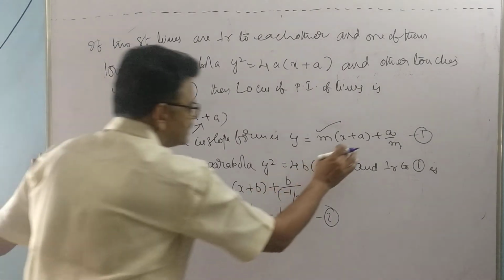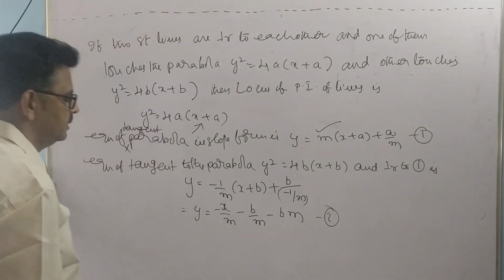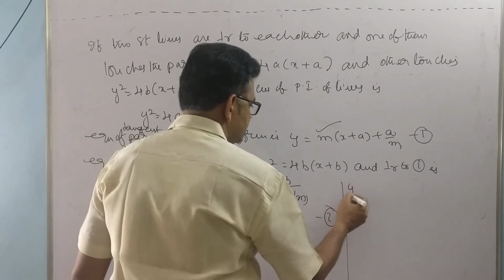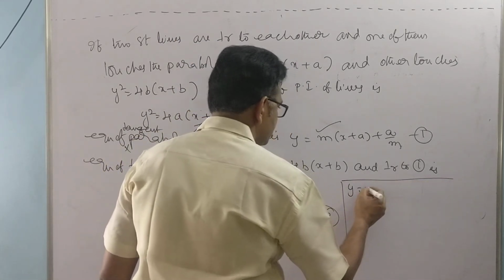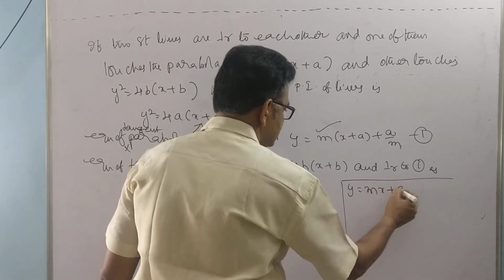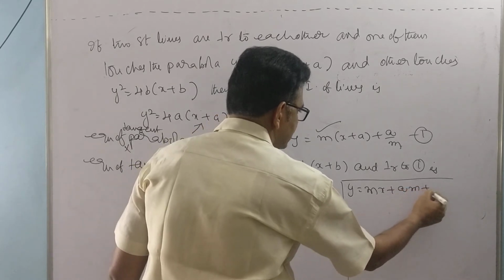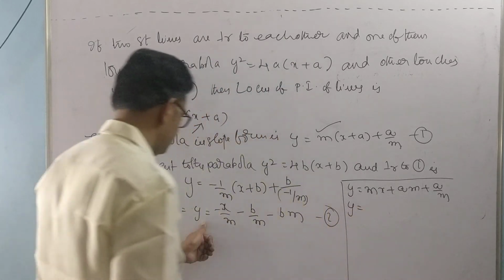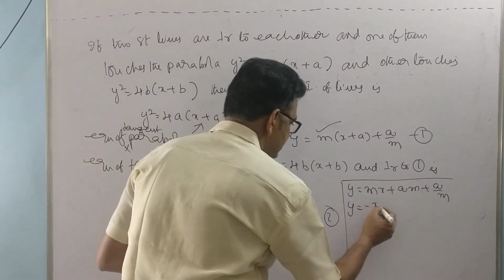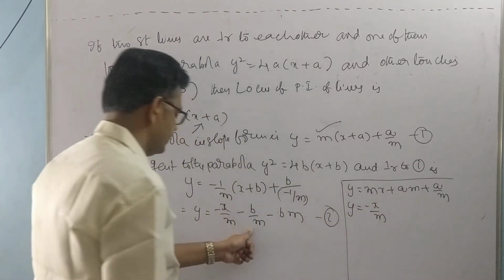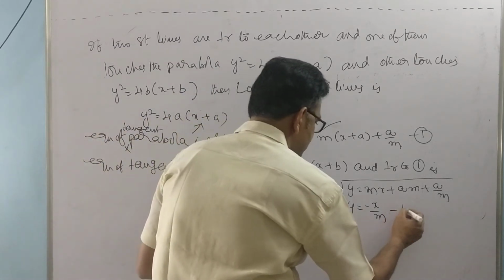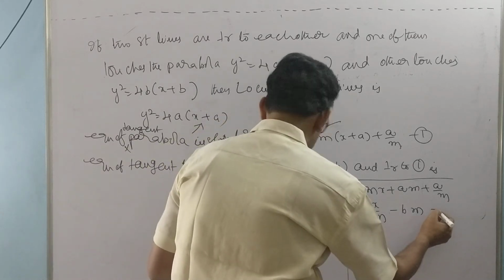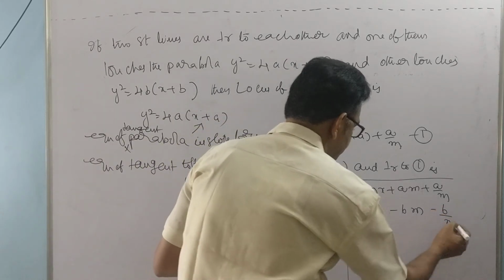So again I write the first one. The first one is y is equal to mx plus am plus a by m, and the second one is y is equal to minus x by m, minus bm, minus b by m.